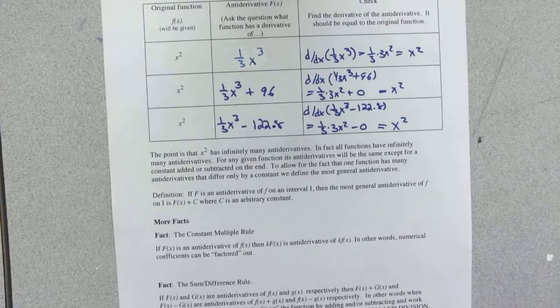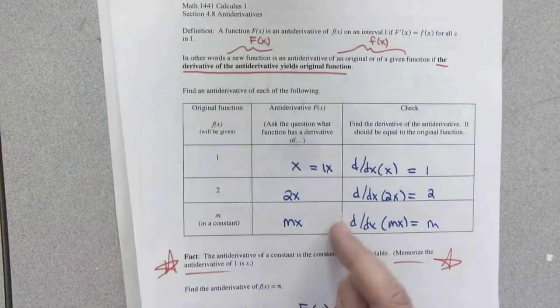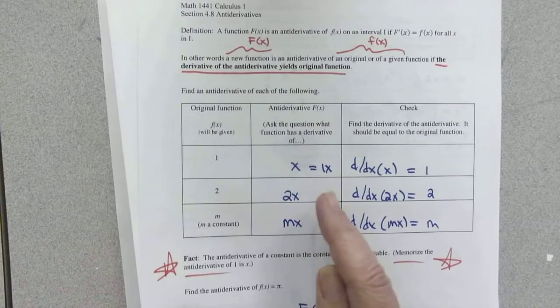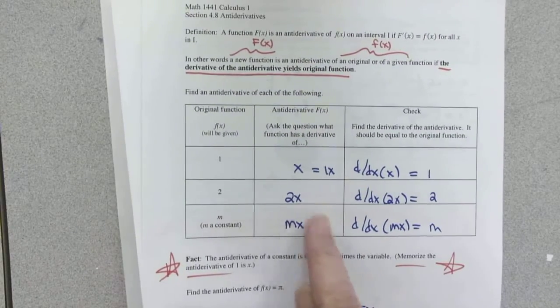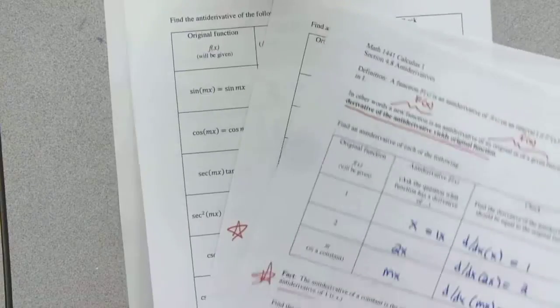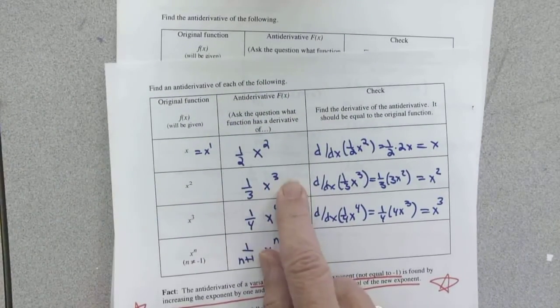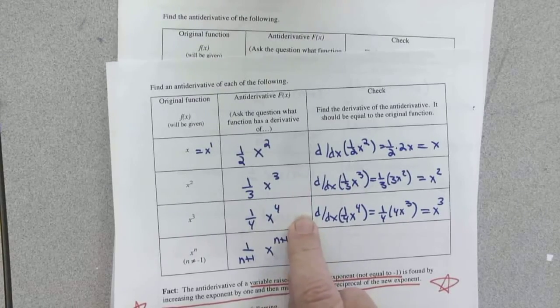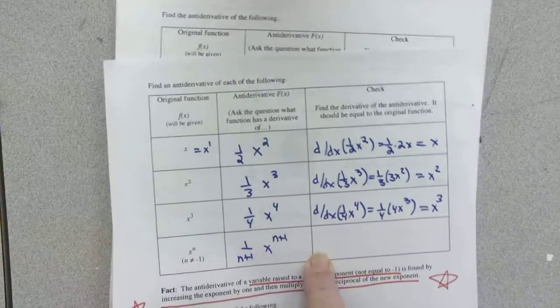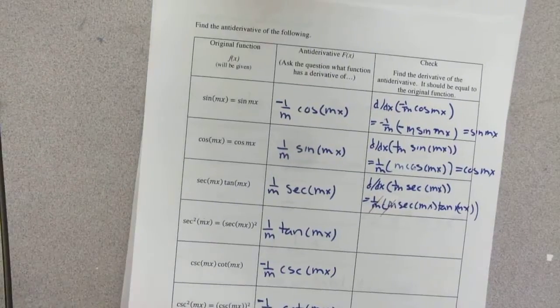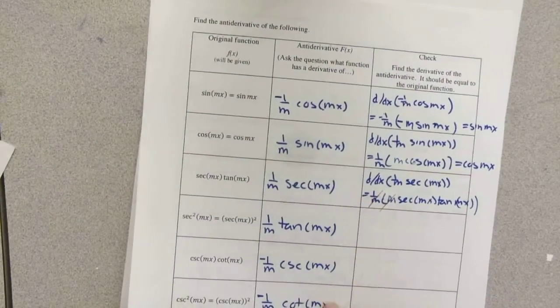And so what I should have been doing on each and every one of these things here is I should have written 2x plus c, mx plus c, 1/2 x squared plus c, 1/3 x cubed plus c, 1/4 x to the fourth plus c, all the way down the line, plus c, plus c, plus c, plus c.